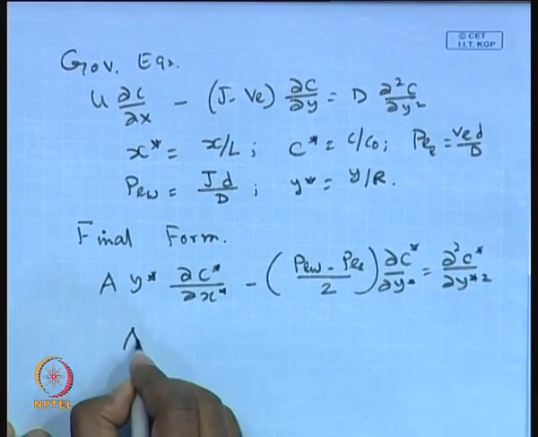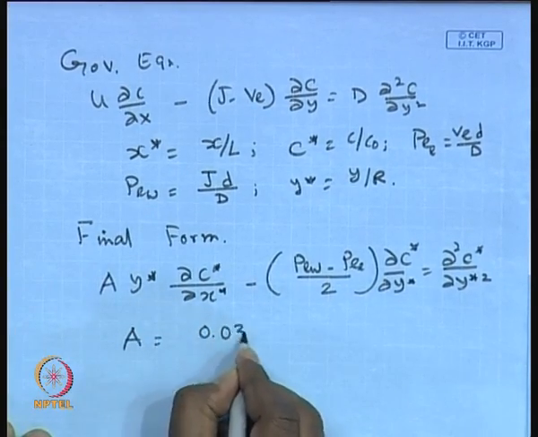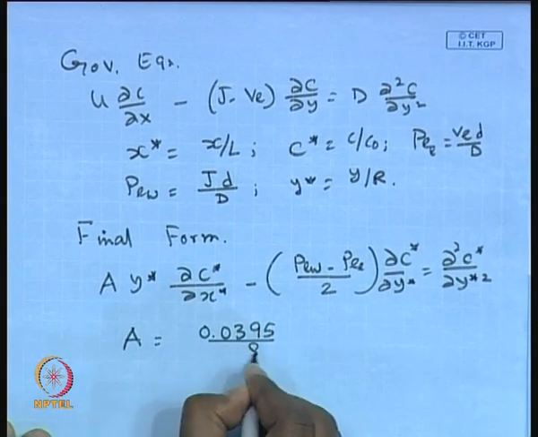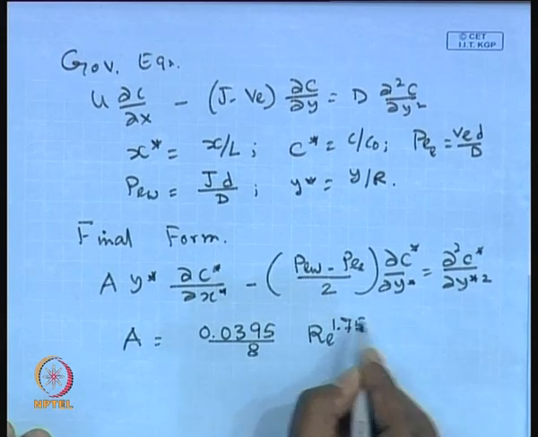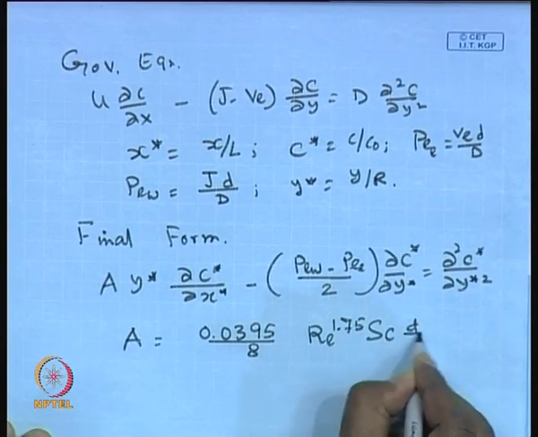Okay. And the constant A is 0.0395 divided by 8, Reynolds raised to the power 1.75, Schmidt, d by L.